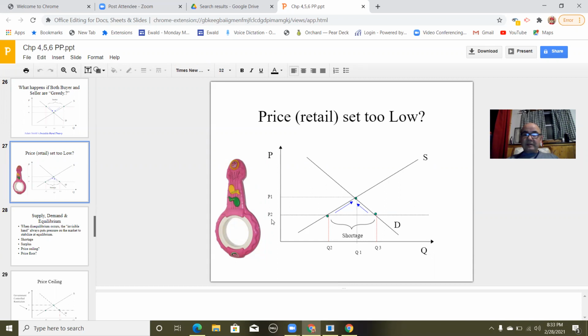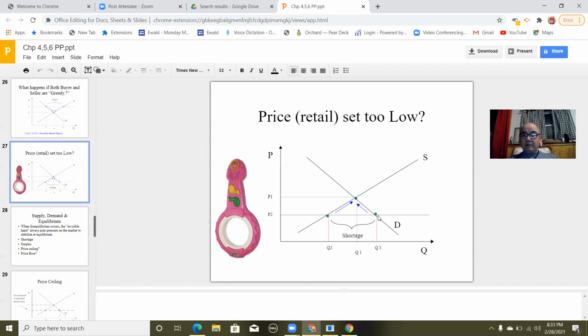And so at $17, what you ended up having is this much, Q2, being supplied. You had a huge number, Q3, being demanded, and you had this same gap like we had in our other slide, but this gap now represents a shortage.